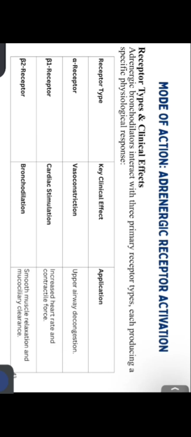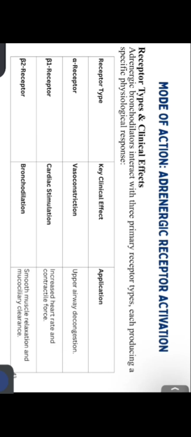Now, the beta 2 receptor effect is bronchodilation, smooth muscle relaxation, and mucociliary clearance. This is our main target. When a drug hits this beta 2 receptor, it tells the tight muscles around your airways to relax and let go, causing bronchodilation.